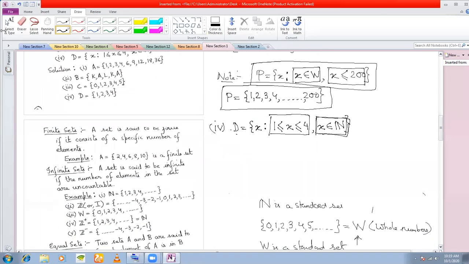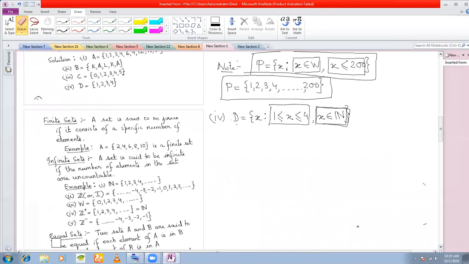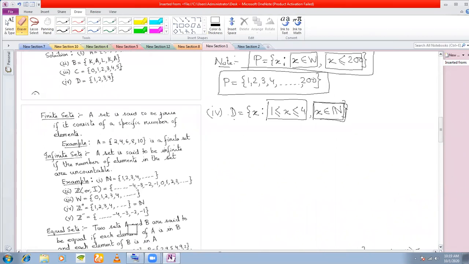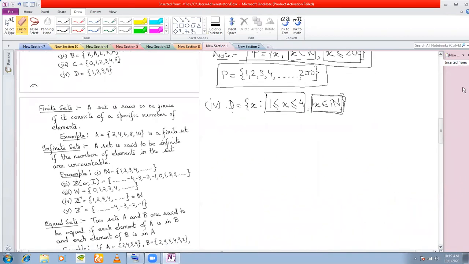Remember, from now on, try to memorize this: whenever I write 1 less than or equal to X less than or equal to 5, it means X lies between 1 and 5. What are the values of X?